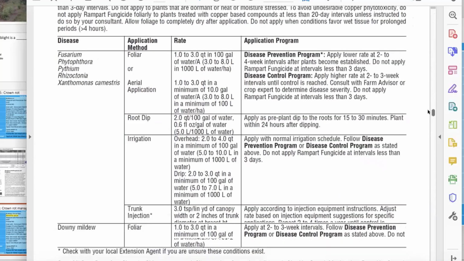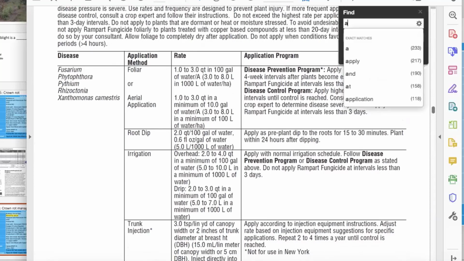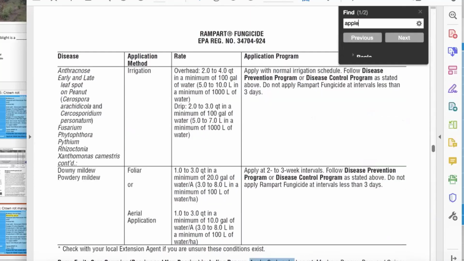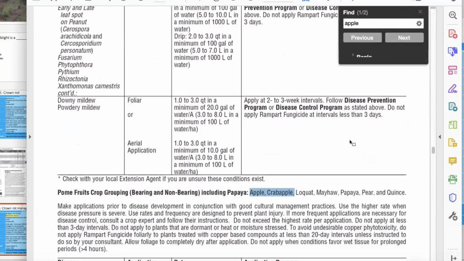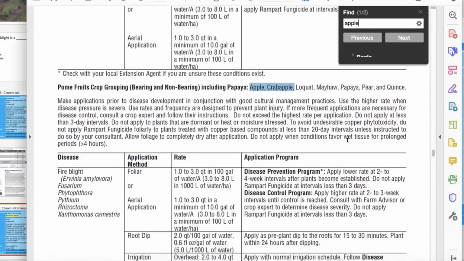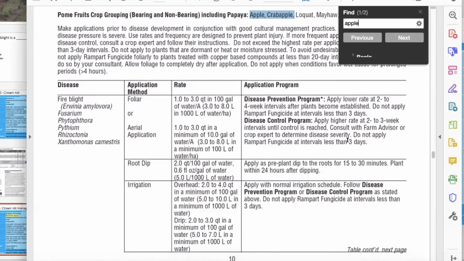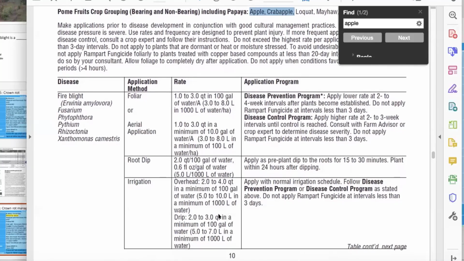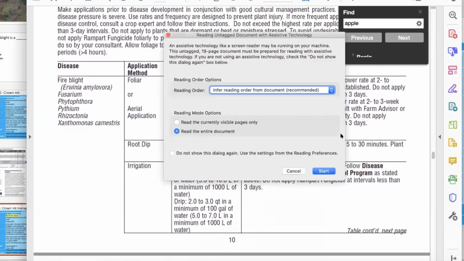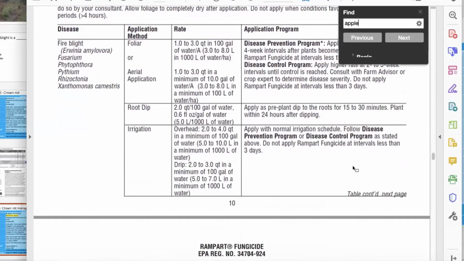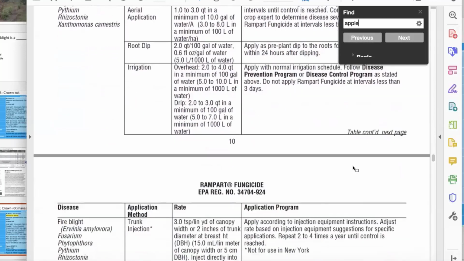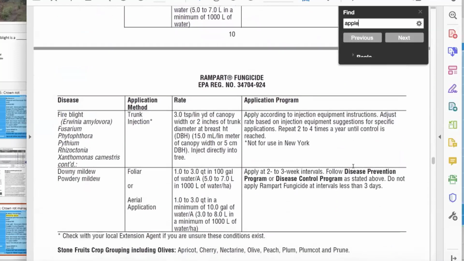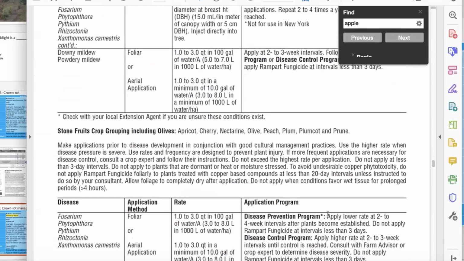And what you can do is when you get to apple here, you can actually use this as a foliar application. So this would be your best bet for trying to manage, since we don't live in New York, this problem.